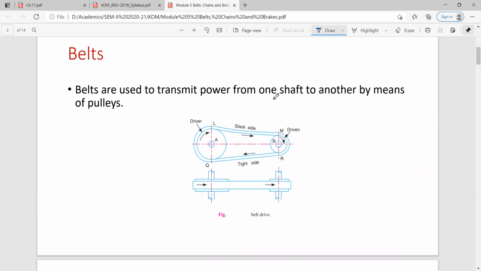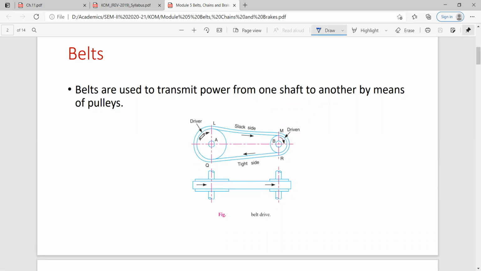Next, let's see what belts are. As I told you, belts are used to transmit power from one shaft to another shaft by means of pulleys.